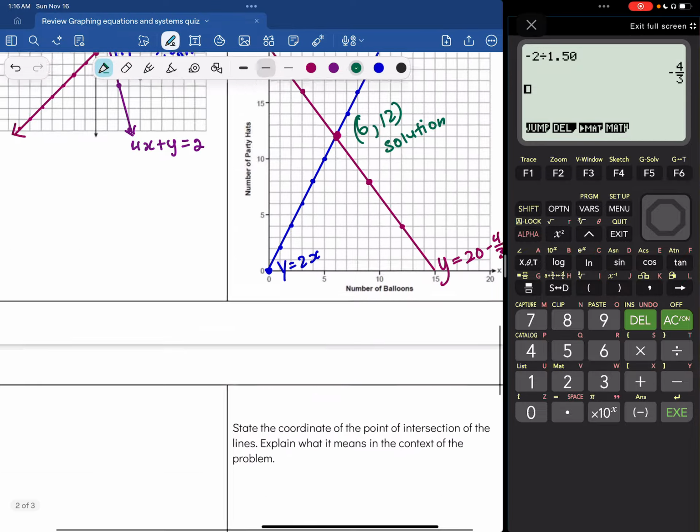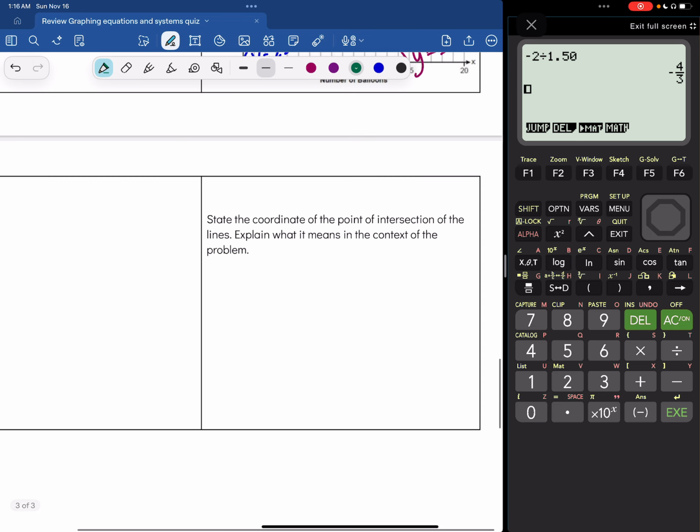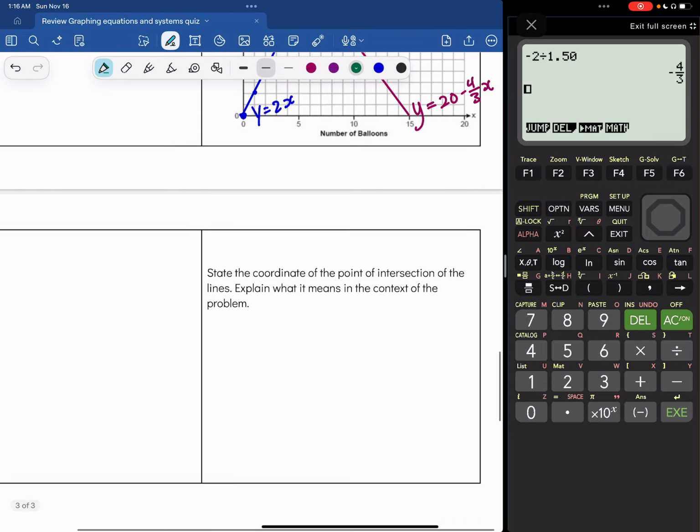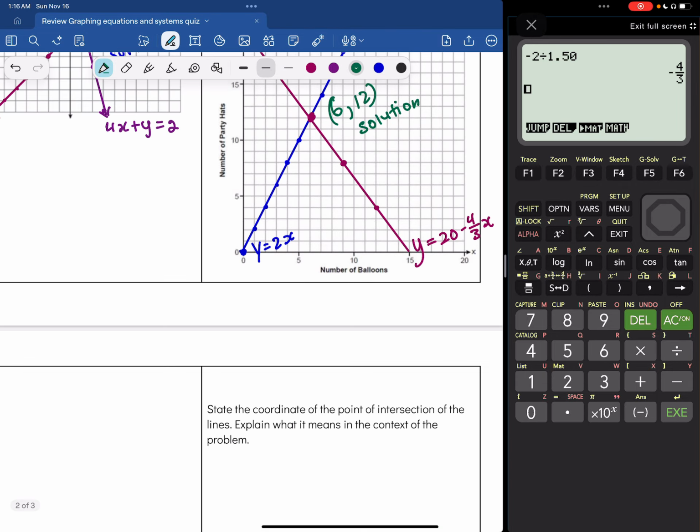So we're also asked to explain what it means in the context of the problem. So our solution is 6, 12. What does this mean? This means that the number of balloons that Anna can buy is 6, and the number of party hats she can buy is 12. If she buys 6 balloons and 12 party hats, she will spend $30.